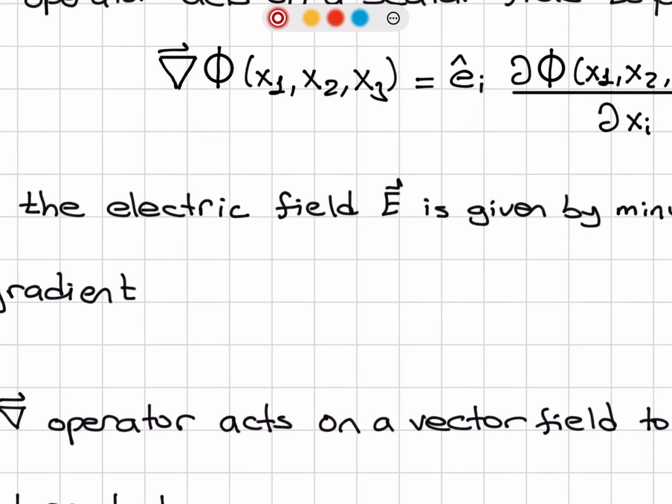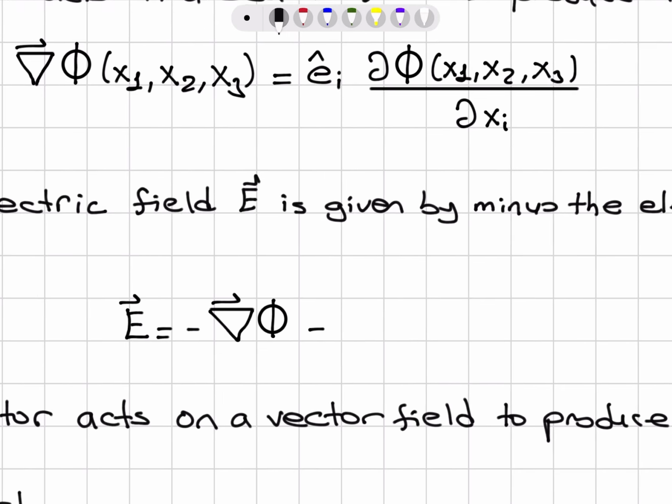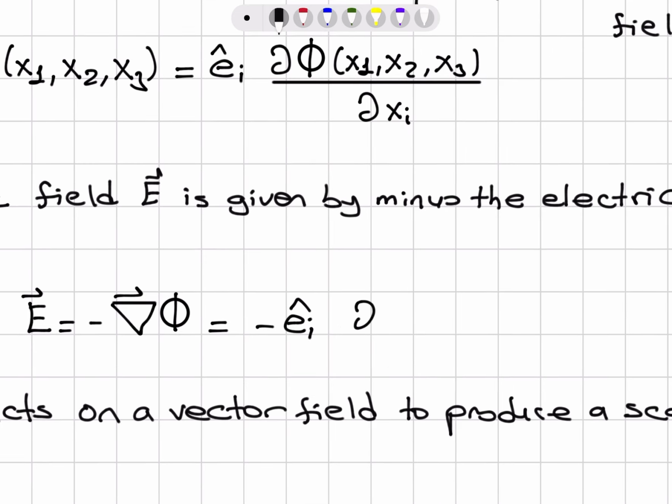So the electric field E is minus gradient of phi, and this would be minus ei hat, partial derivative of phi, which is position dependent, x1, x2, x3, it's a scalar field, with respect to xi, and addition over the i.